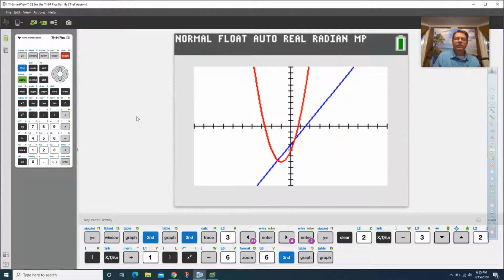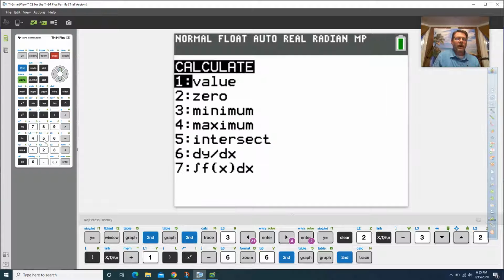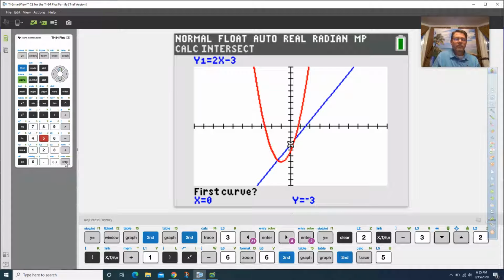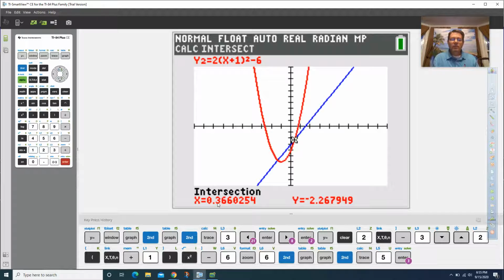So let's look at the graph again. We hit second, calc, 5 for intersect. And for our first one, we just generally do enter, enter, enter, and that gives us our first point, which in this case is 0.366, -2.268. To make it even easier in the future, we'll round it off to 3 decimal places.